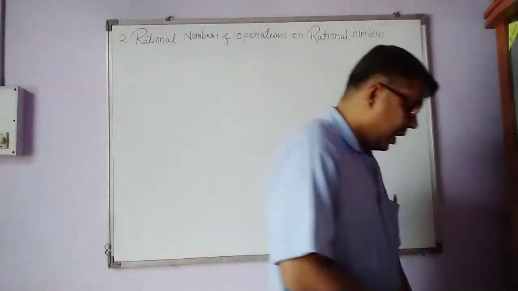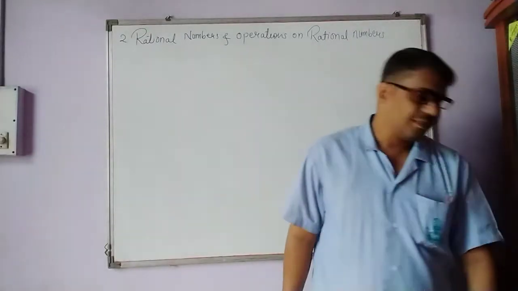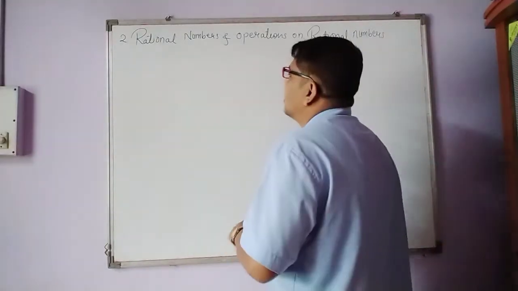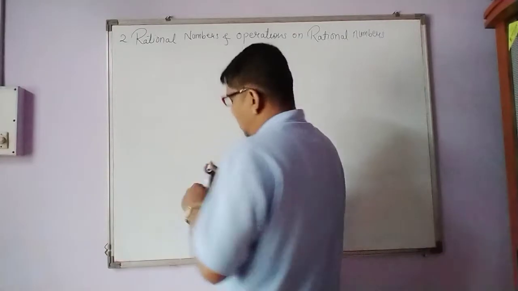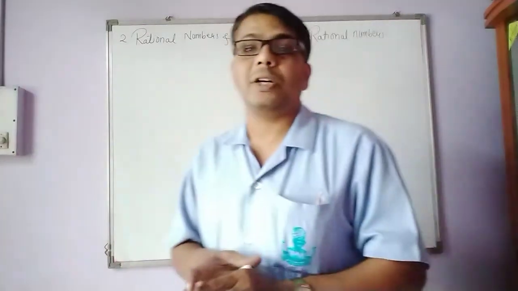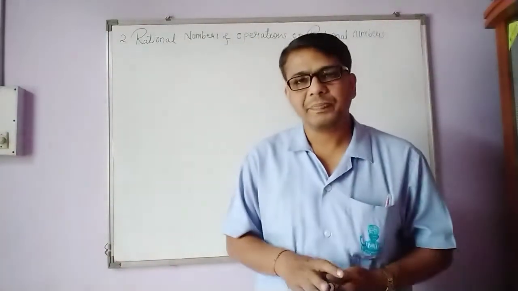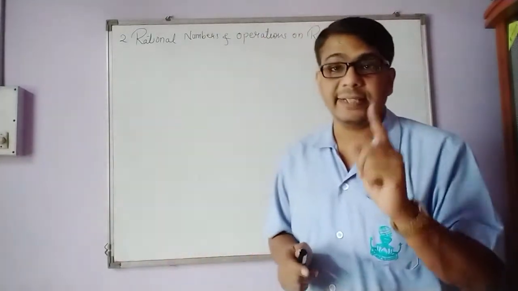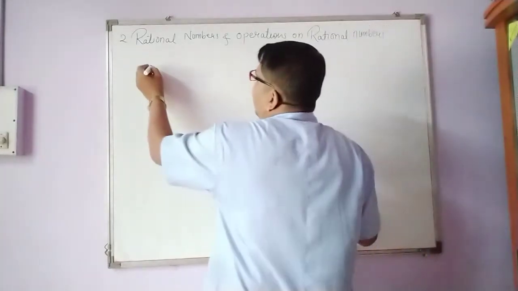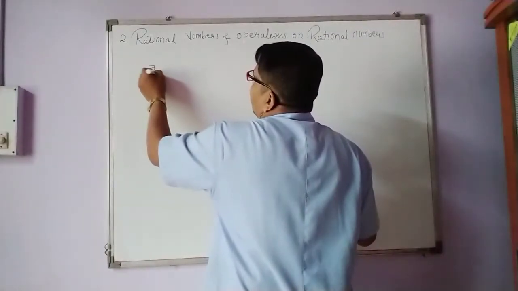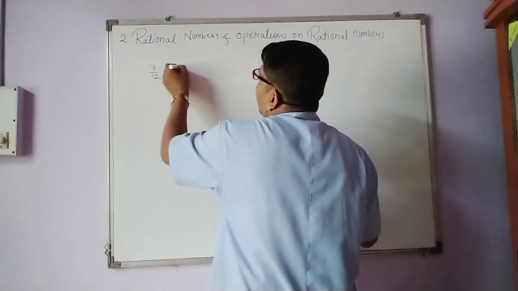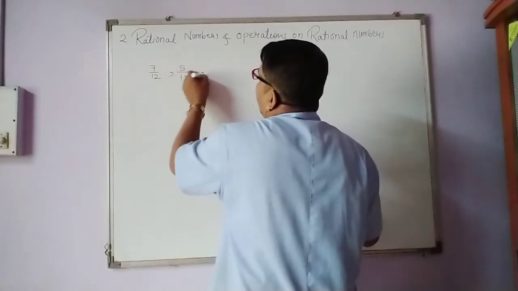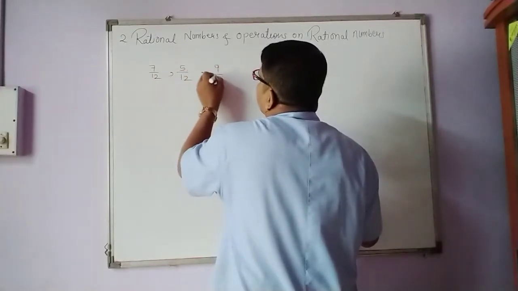Do you get it? Now, next we are going to study that when the denominators of the rational numbers are same, then the rational number with the greatest numerator is the greatest. For example, I have got 7 upon 12, 5 upon 12 and 9 upon 12.